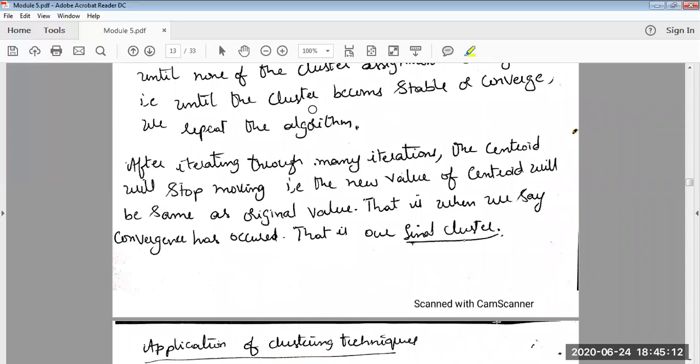Meaning that the cluster has become stable, or to put it in other words, each and every data point has been correctly placed in the appropriate cluster. So we even call it convergence. Already I explained it. This will be the final cluster, final group.